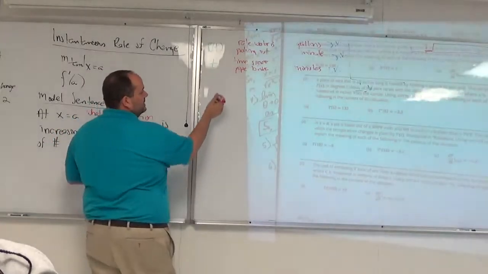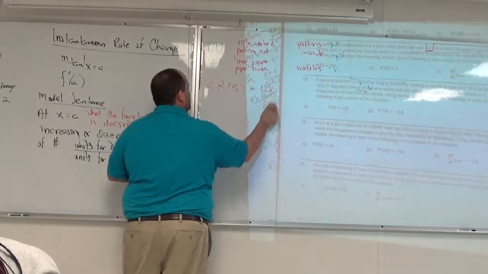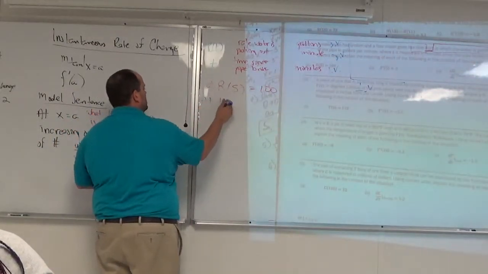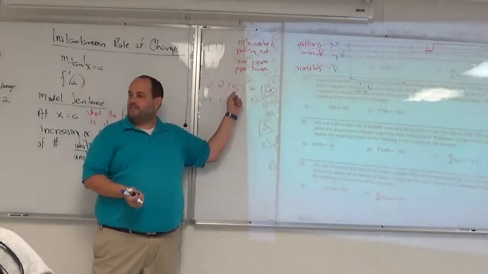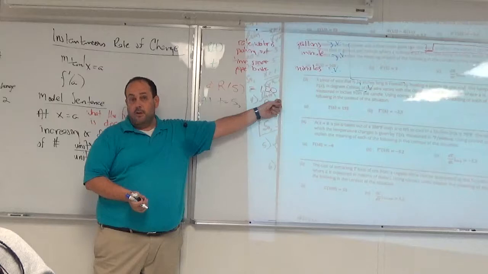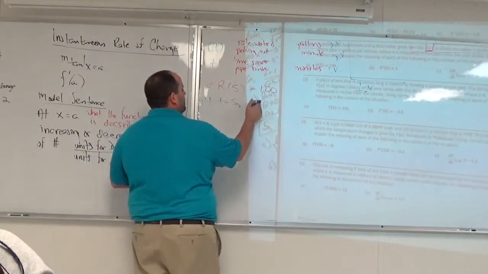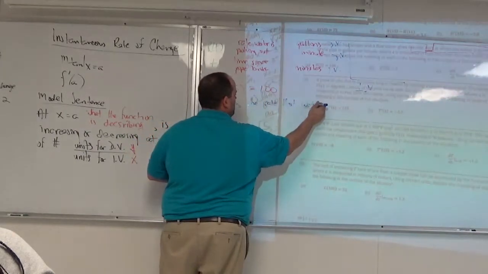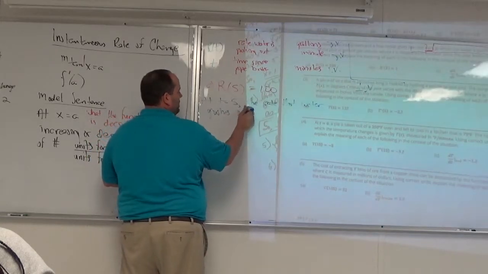So let's look at A here. When I say R of 5 equals 100, here comes the sentence. At T equals 5, R of 5 is equal to 100. What is it that R measures? The rate that water gushes out. What is that rate?